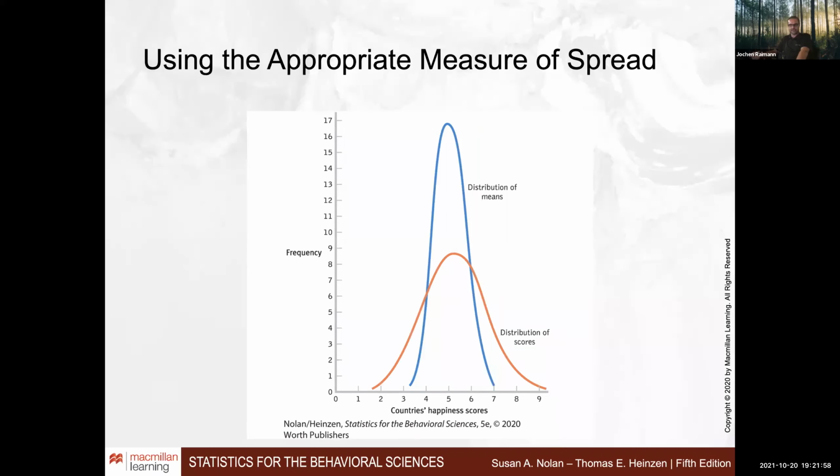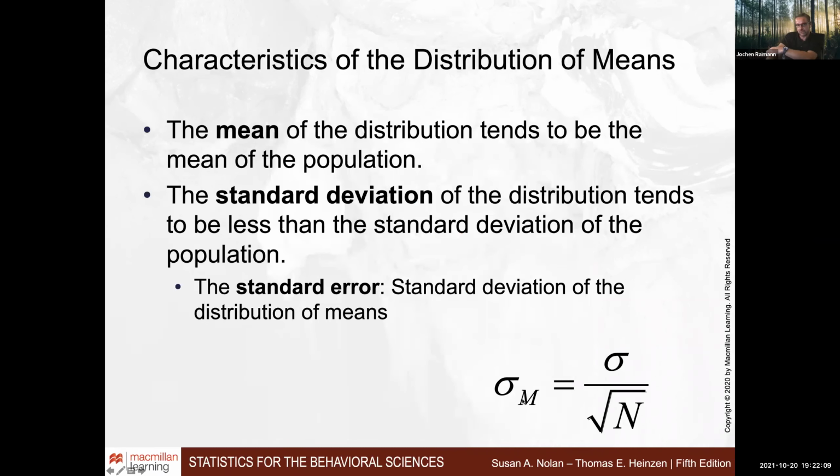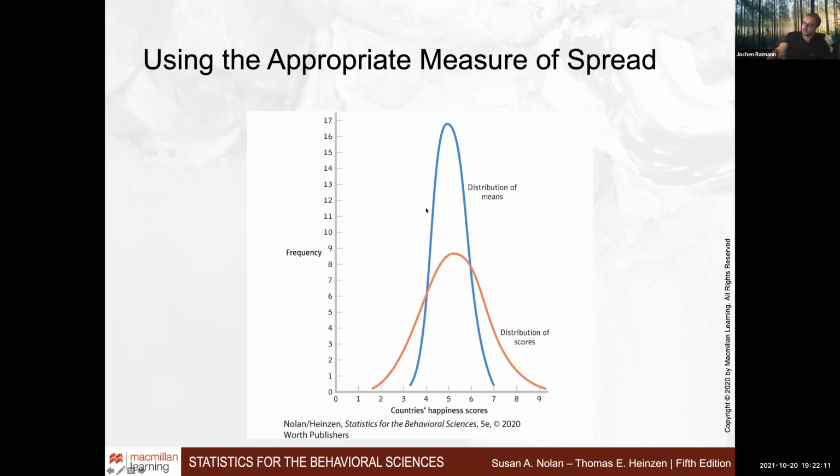So you can characterize the orange bell-shaped curve with the standard deviation, because that's the population. Those are the individual scores. Or you can characterize the sample means by the standard errors instead.